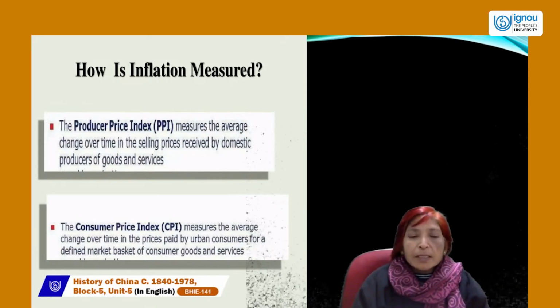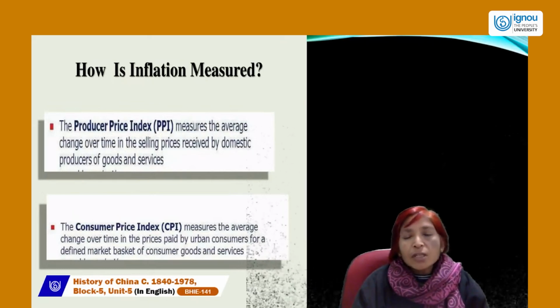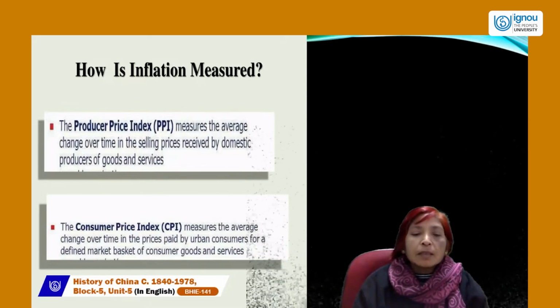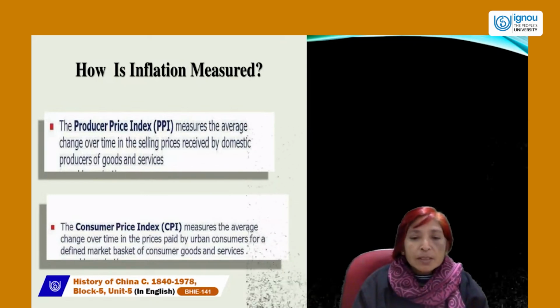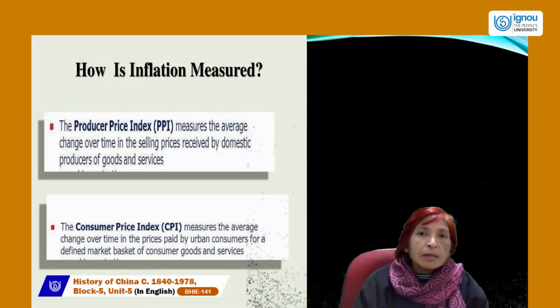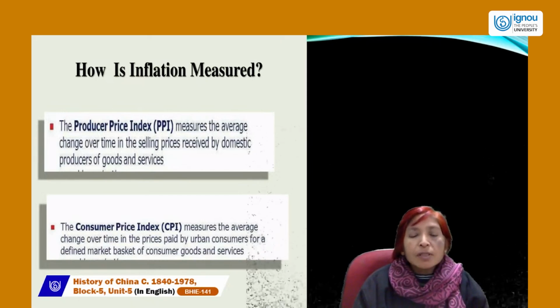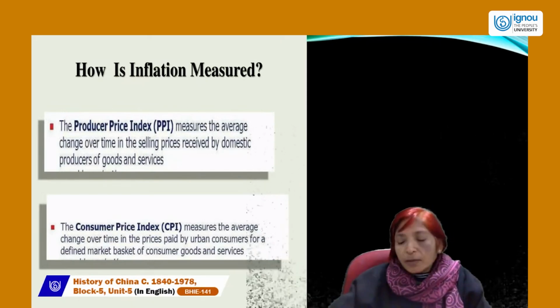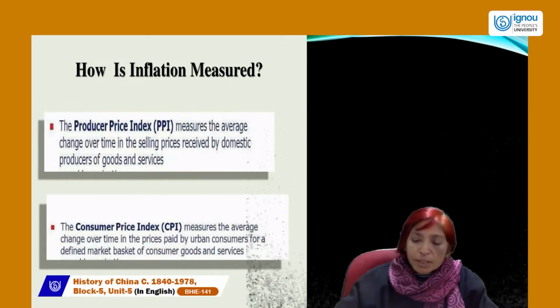So, consumer price index measures the average change over time in the prices paid by the urban consumers for a defined market basket of consumer goods and services. So, in this way, inflation can be measured.